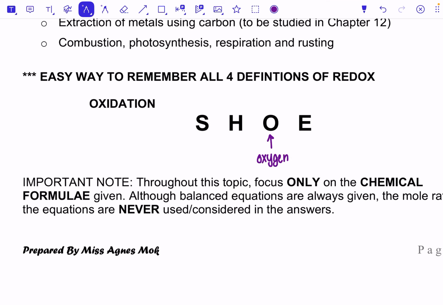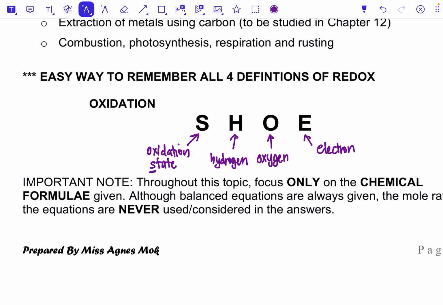The second letter, H, represents hydrogen. The third letter, E, represents electron. And the last one, the S over there, represents oxidation state.